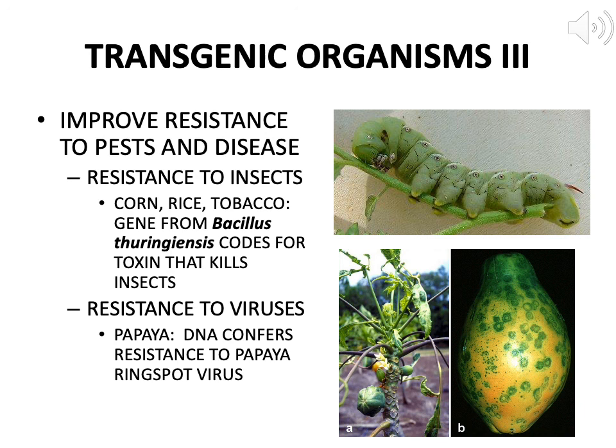Now, immediately below the picture of the caterpillar, there is a picture of a papaya plant. Papayas are a tropical fruit, at least a subtropical fruit, and the DNA found in papayas these days confers some degree of resistance to a virus called papaya ring spot virus that has been detrimental to the crops produced by these tropical and subtropical countries.